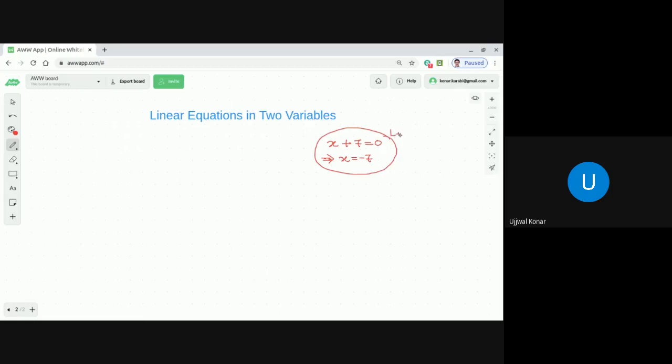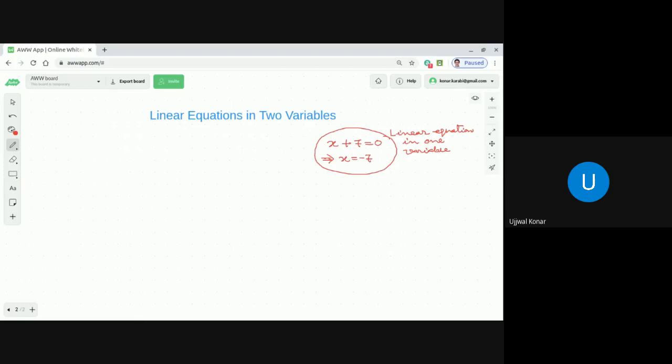So this is known as linear equation in one variable. Why one variable? Because x, what you see, is the unknown. Unknown is known as the variable in this context. So x is unknown. There is only one unknown, exactly one unknown, I should say.